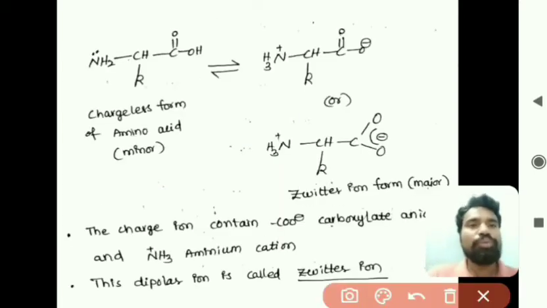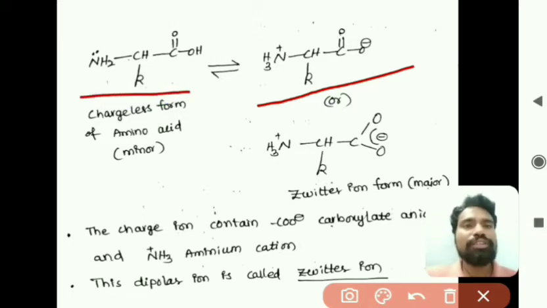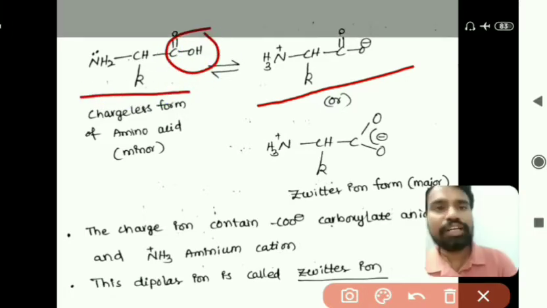When proton transfer takes place, an ion is formed. Just observe here, this is a chargeless alpha amino acid, that is COOH and NH2.